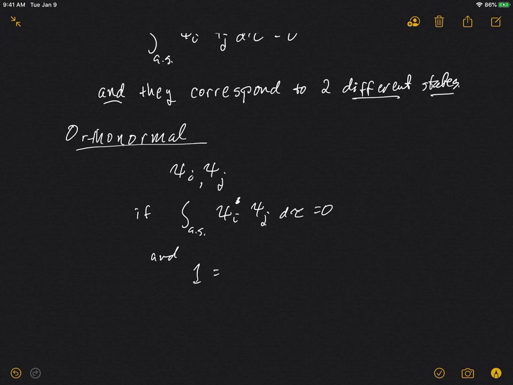So one would be equal to the integral of psi i star psi i d tau over all space, and the same would hold true for wave function j.